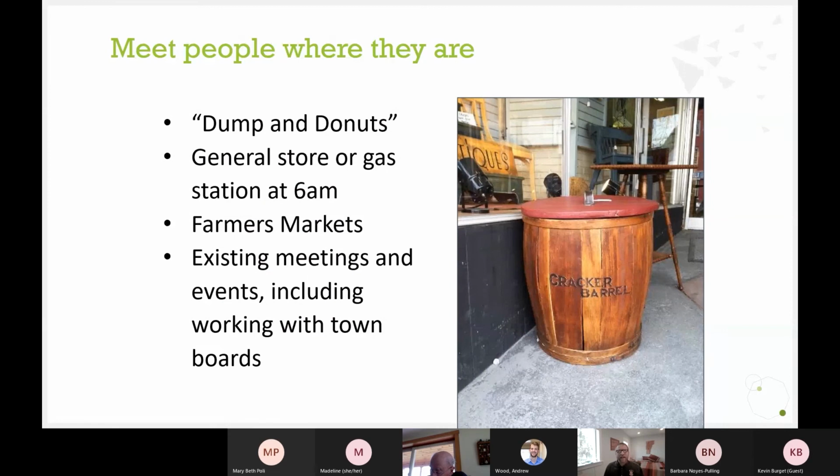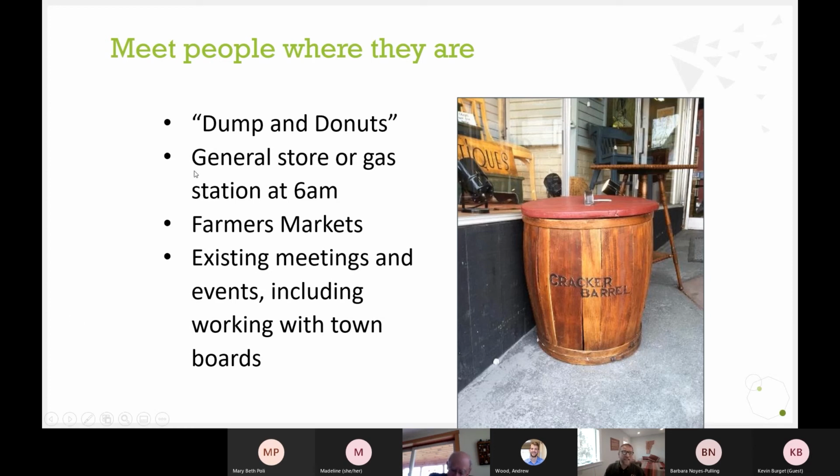I want to remind us all that we need to meet people where they are. A lot of times, if we have an environmental issue that the Conservation Commission is working on and we want to get the word out, it's not enough to have our own events. We often, as Conservation Commission members, need to go to where other people are.